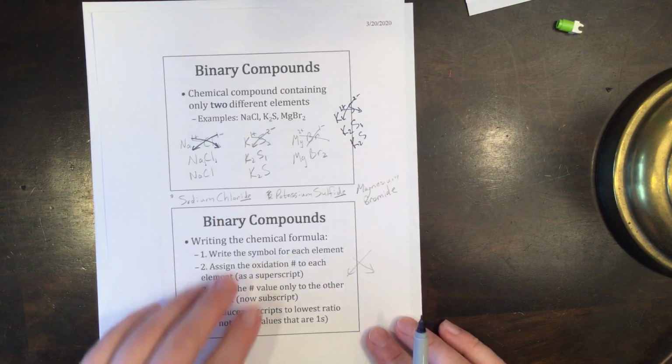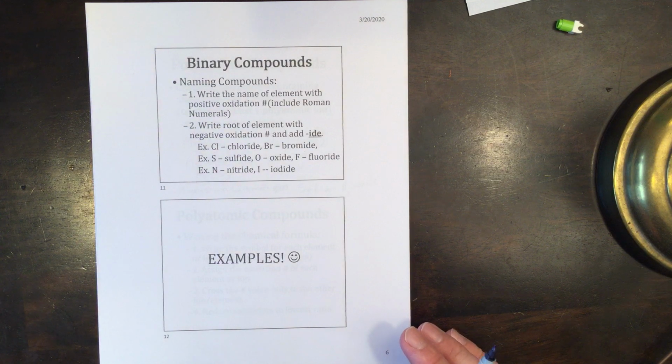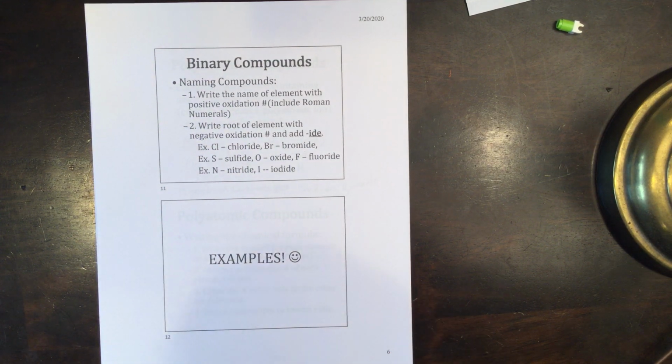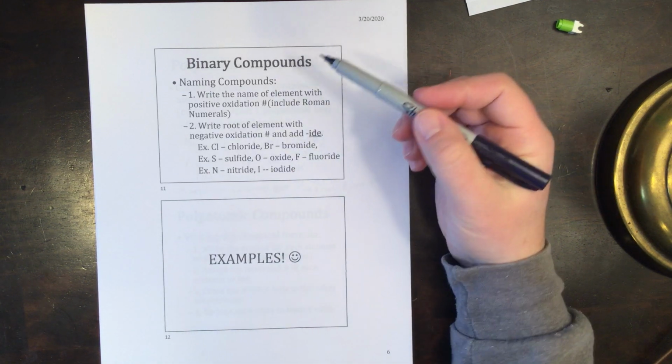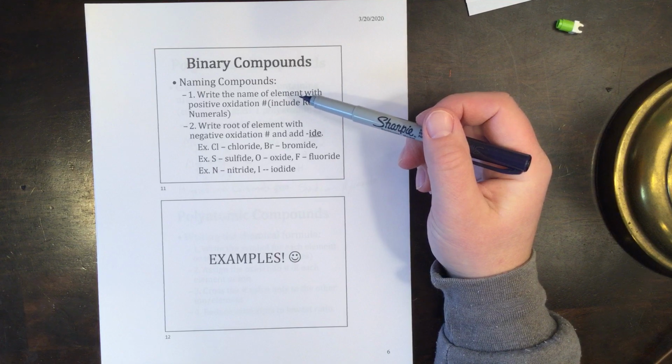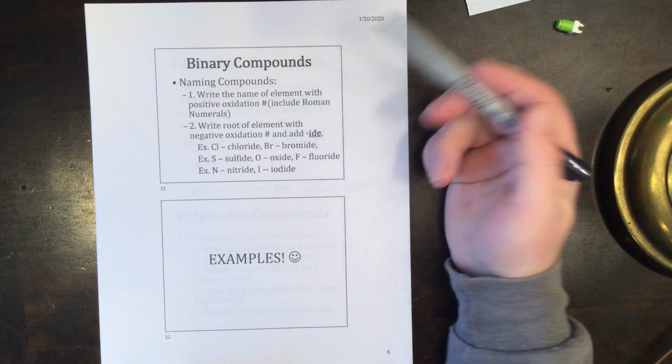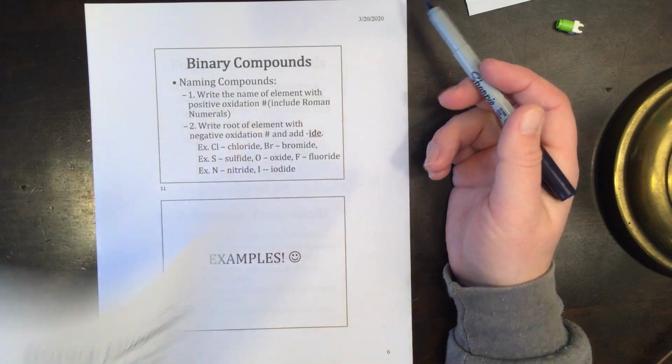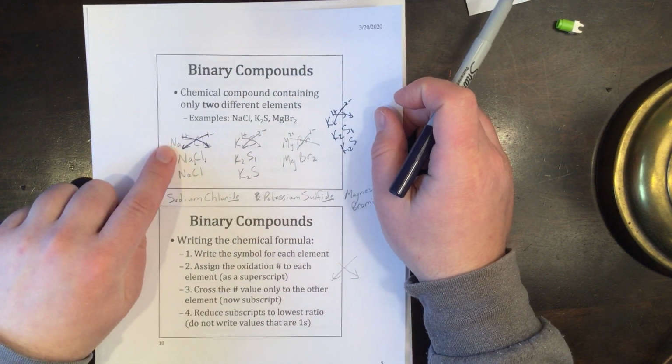How do we get these names? So, naming them. The nice thing is, whatever the positive ion is, you always just write it. So for example, sodium, the first one, you just write sodium.